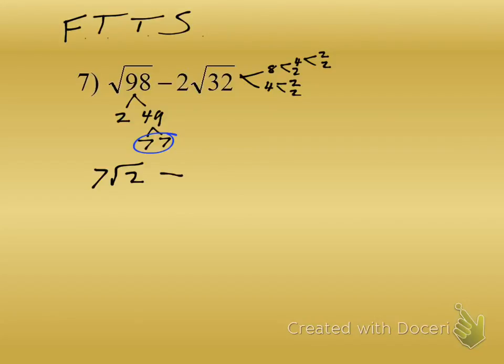Because it's an index of 2. There's a pair of 2s. There's a pair of 2s. So those pairs of 2s together come out as a 4, because you bring them out together. You might as well have made it 16 and 2, and the 16 would go as 4 and 4. Everybody good? Now, what's my number outside this radical then?